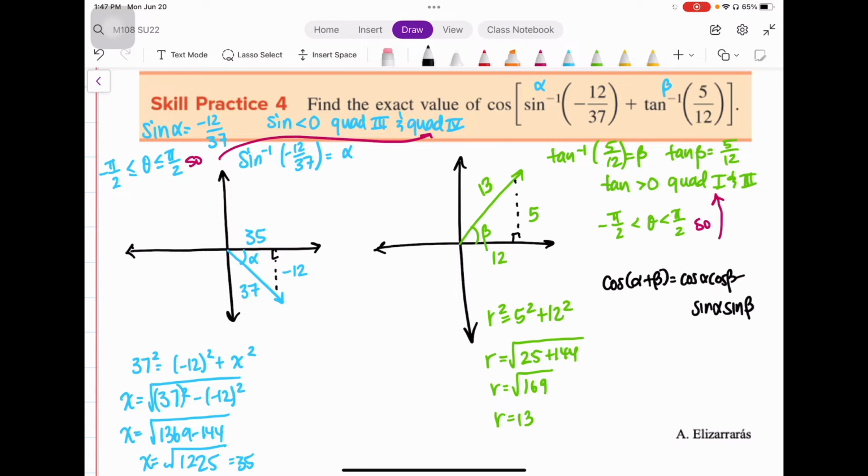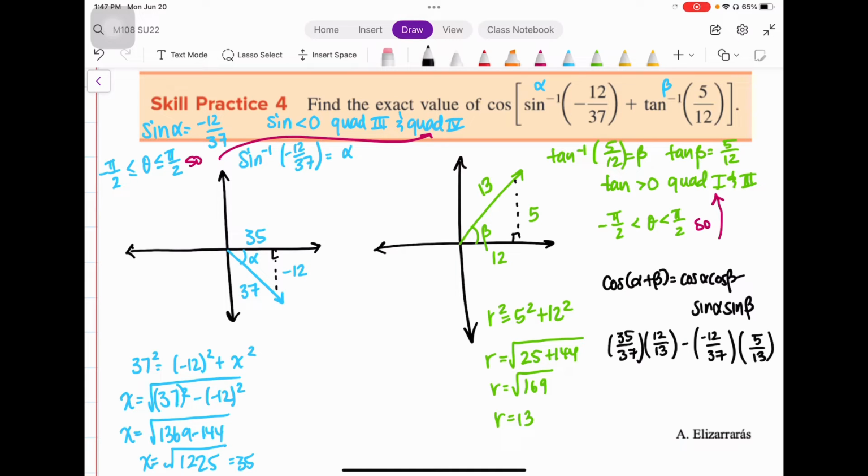Filling in the values we have, the cosine of alpha is adjacent over hypotenuse, or 35 over 37, times the cosine of beta, which is adjacent over hypotenuse, or 12 over 13, minus the sine of alpha, opposite over hypotenuse, or negative 12 over 37, times the sine of beta, or opposite over hypotenuse, which is 5 over 13.